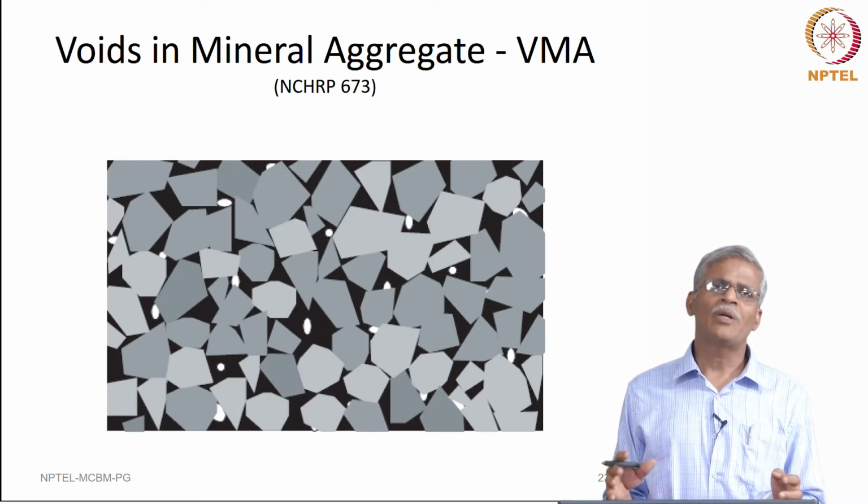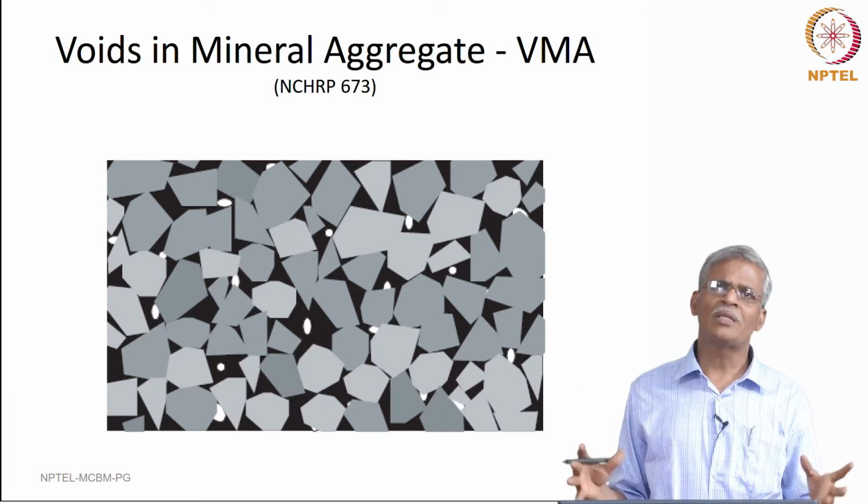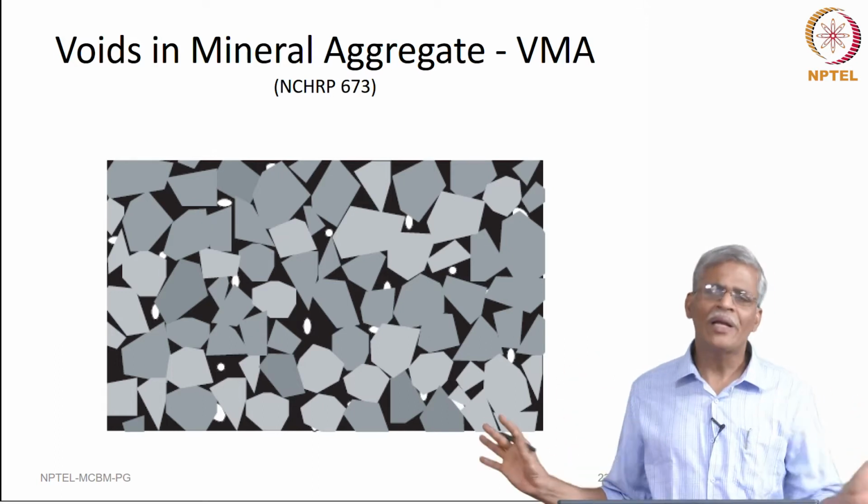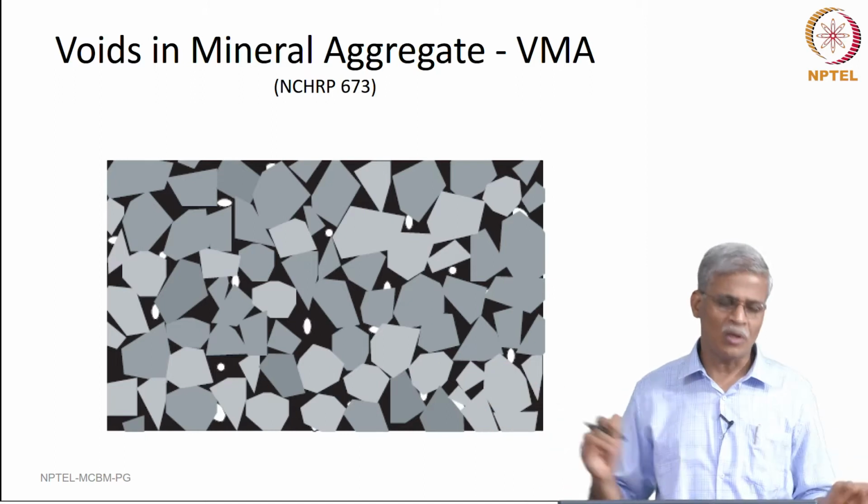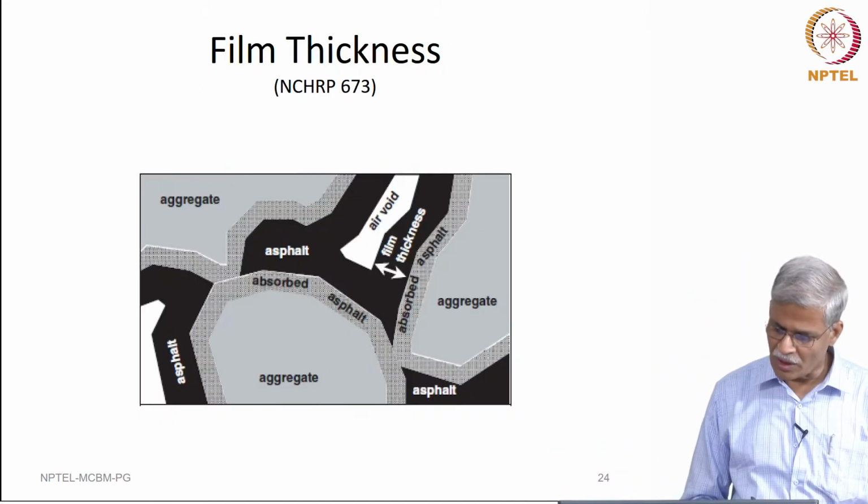Okay. So, these are essentially the voids in the aggregate skeleton minus the binder, the effective asphalt content that you are going to see here.